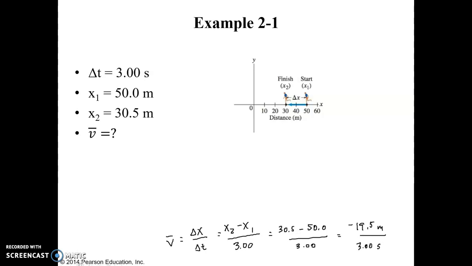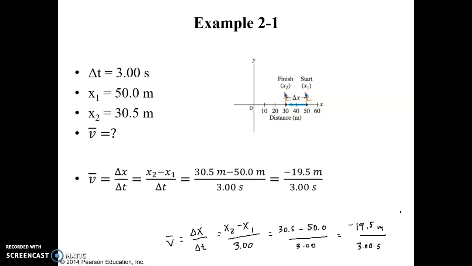If I advance my slide here, I have this all typed out as well. So what does it mean that this is negative? What is that telling us? Well, that just means that the direction along our x-axis is to the left. We are going in a negative direction. And a vector has both magnitude and direction, so that's the direction to the left.